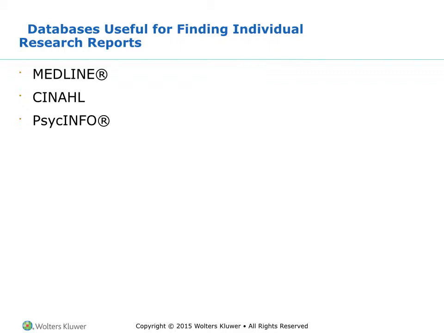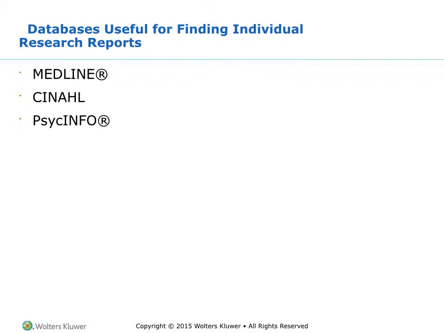So I have to include PsycInfo, and I also include a database called SocIndex, which is like a social studies kind of database because I'm looking at environmental and family issues in my research.